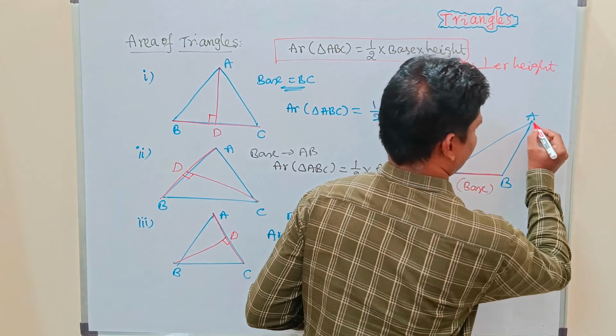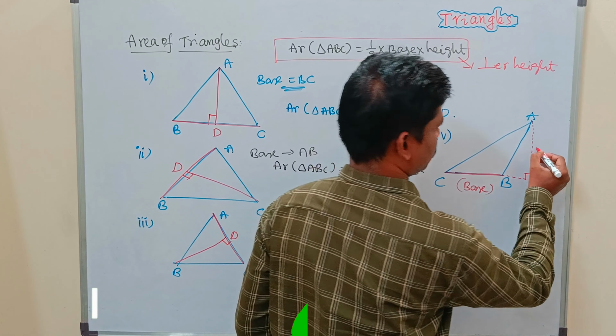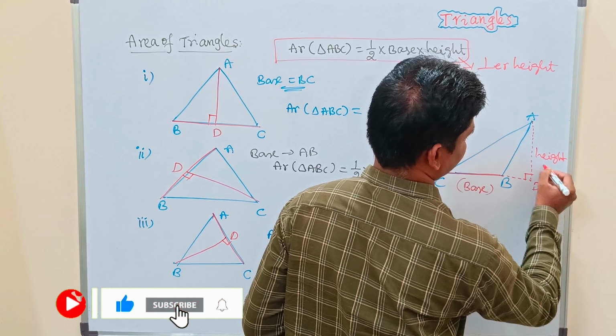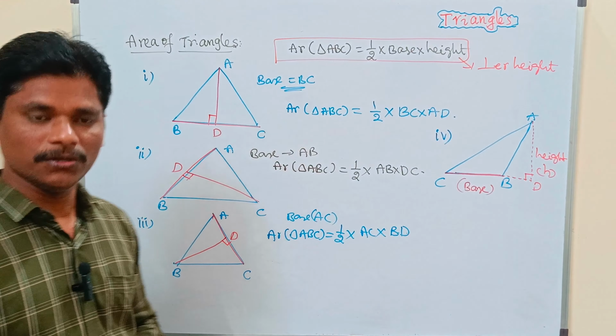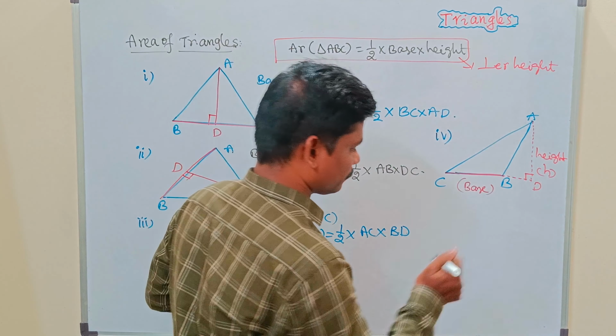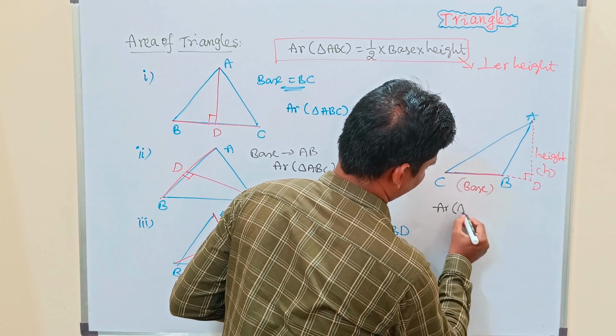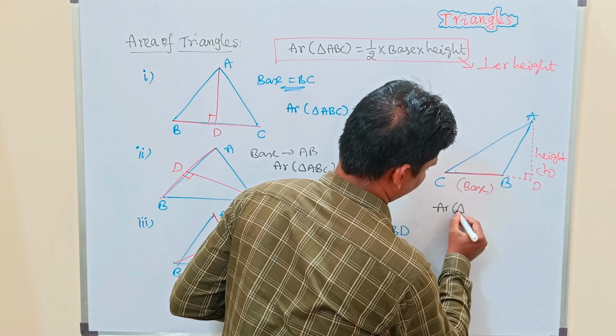This is the perpendicular, so this is the height. The area of triangle ABC is equal to half into base BC into height AD. Got it? Here the height of the triangle is obtained outside the triangle. So these are the different bases of a triangle for finding its area.